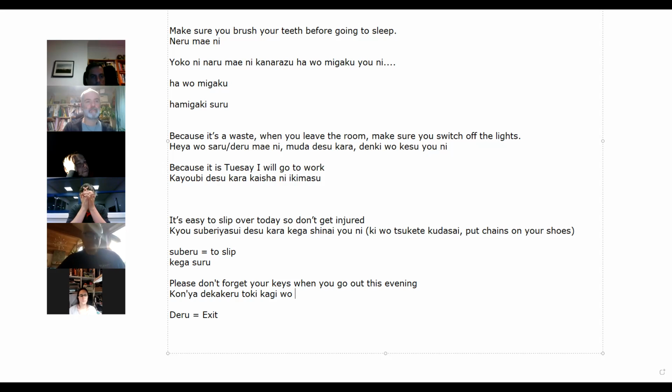And don't forget, it's not like to know. To forget is wasureru. This is group 2, so wasurenai, that last ru disappears.